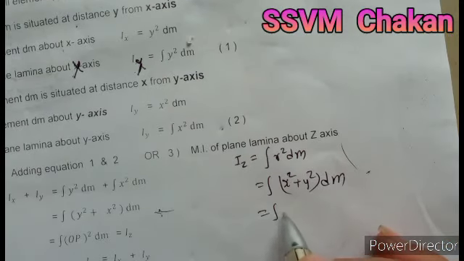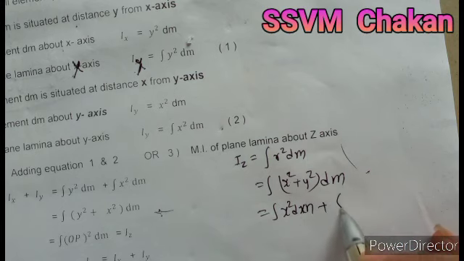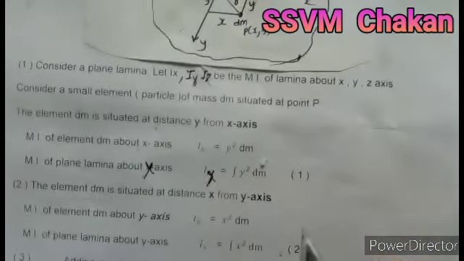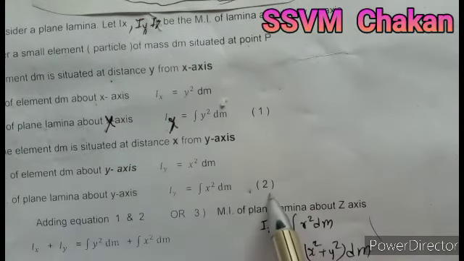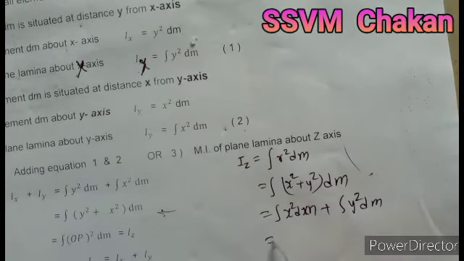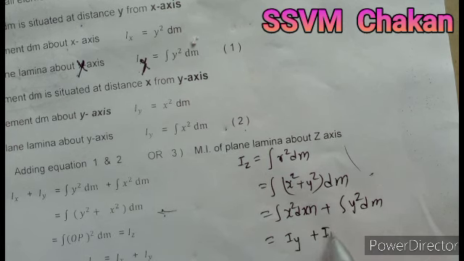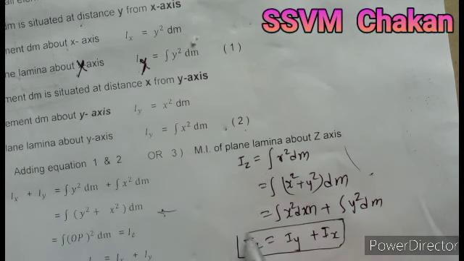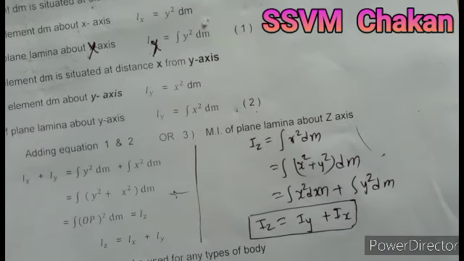Separate out: integration x square dm plus integration y square dm. Now using equation 1 and equation 2, it also gives you Iz. You may write this proof in this way also.